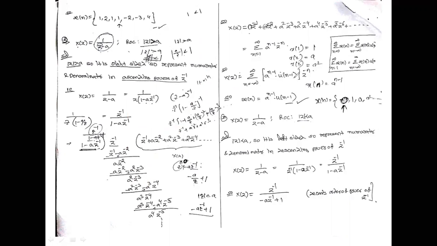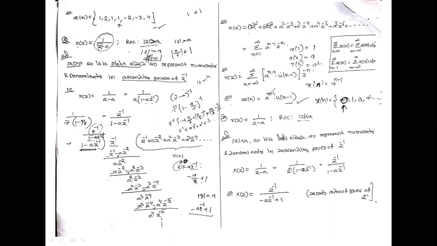Write it as a mu of n minus 1 into z power minus n. Got it. See, what is the x of n now? It is the total function, x of n, as in the z transformation x of z. So x of n is equal to a power n minus 1 mu of n minus 1.